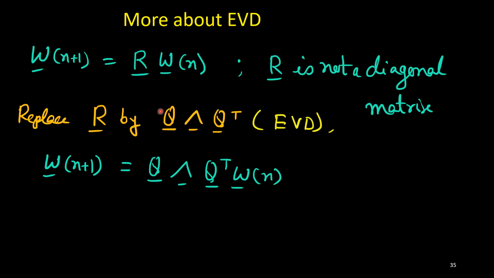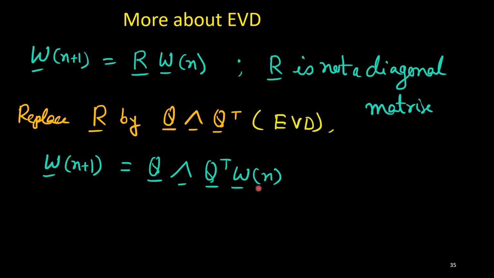We know what Q is: Q is the matrix containing all the eigenvectors of the R matrix in column-wise form, one after another. And capital lambda is the corresponding diagonal matrix containing all the corresponding eigenvalues.